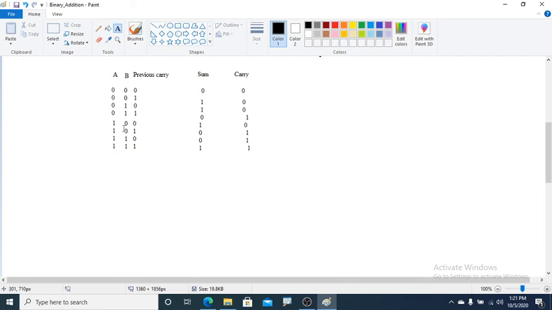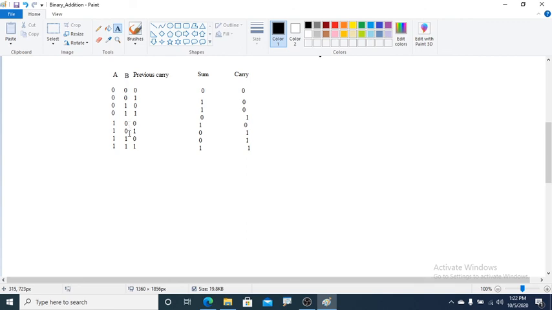Okay, I am reviewing. 0 plus 0 plus 0 is 0, 0 plus 0 plus 1 is 1, 0 plus 1 plus 0 is 1, 0 plus 1 plus 1 is 1 0, 1 is the carry, sum is 0. 1 plus 0 plus 0 is 1, carry is 0, 1 plus 0 plus 1 is 0 and carry is 1, 1 plus 1 plus 0 is 1 0, 1 is the carry, 0 is the sum. 1 plus 1 plus 1, carry is 1, sum is 1.